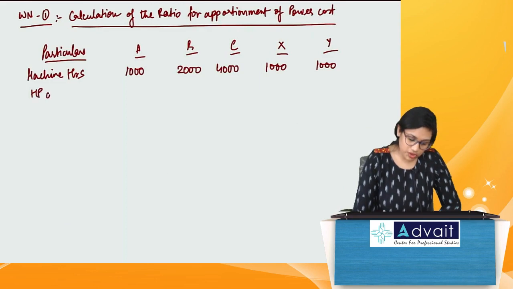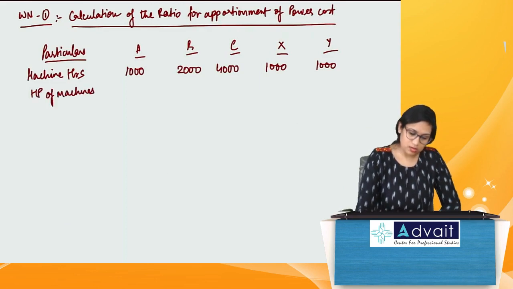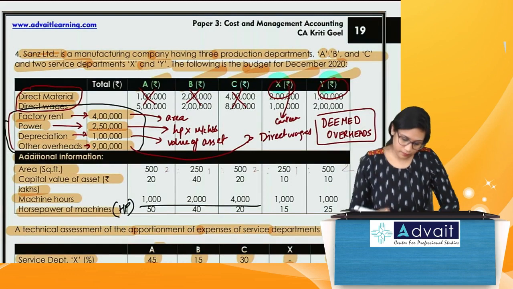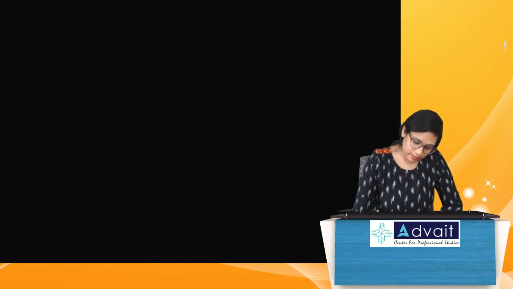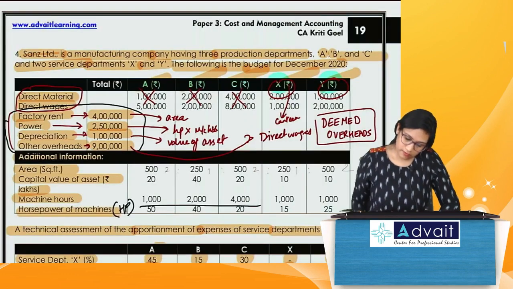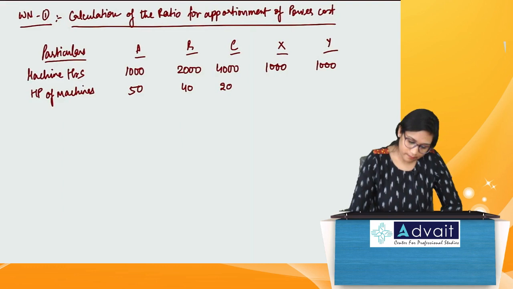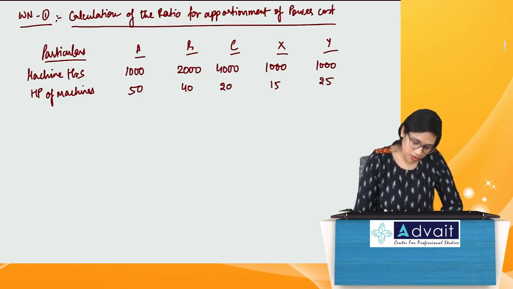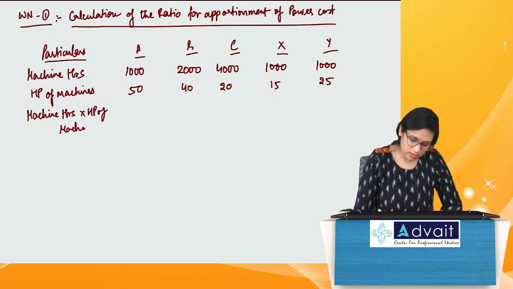HP of machines. How much is it given? 50, 40, 20, 15, 25. So machine hours into HP of machines. Guys, calculate.